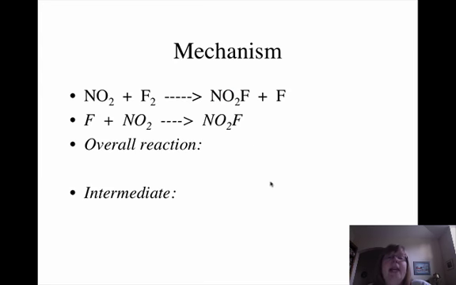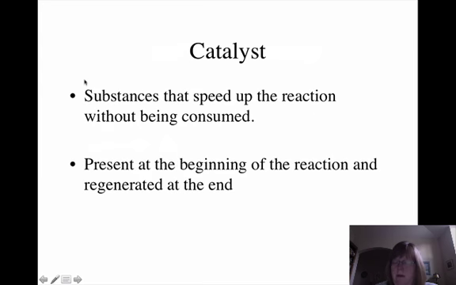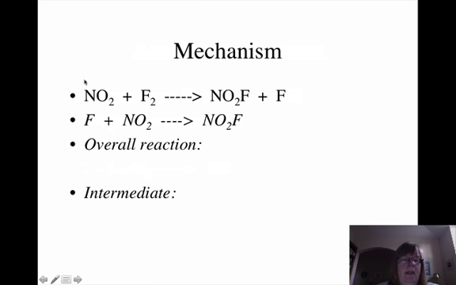Okay, here is another mechanism. Okay, so this would be the first step. So let's go ahead, and here is our first step, and here is our second step. Let's add this up for an overall reaction. They didn't give us an overall reaction. Okay, is there anything that's on the reactant side over here and also on the product side over here that we can cancel? It looks like fluorine can be canceled.